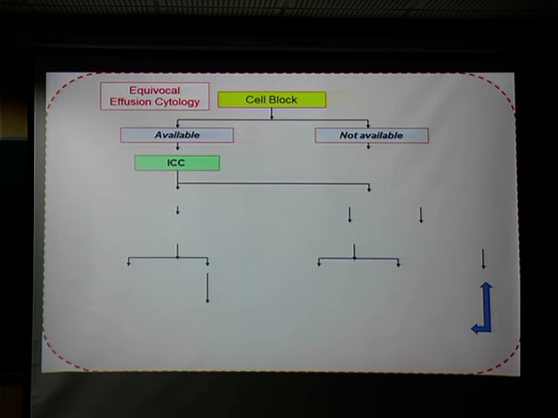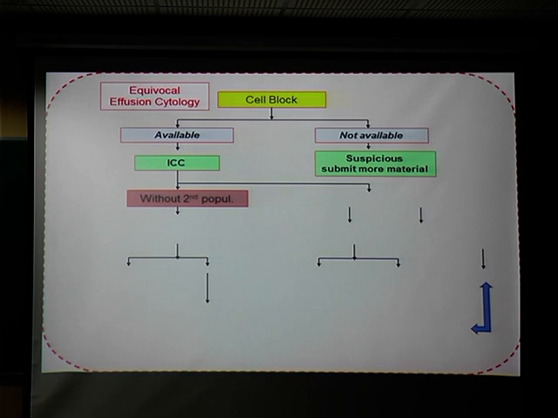If you have a cell block, you do immunocytochemistry. If ultimately you cannot prepare a cell block, you just report it as suspicious for malignancy, submit more material. If you have ICC, it depends on whether you are suspecting a single population of cells, all native cells, or a second population.